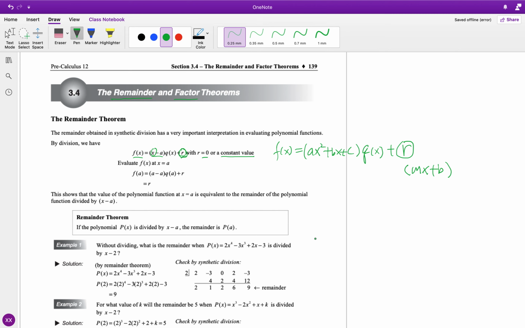So I just wanted to point this out. Some of you might have already realized this. I just find these things very interesting mathematically.